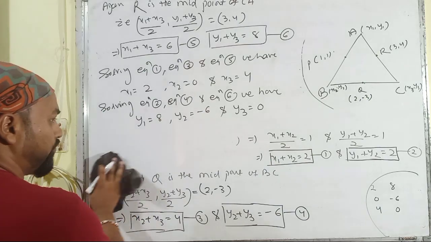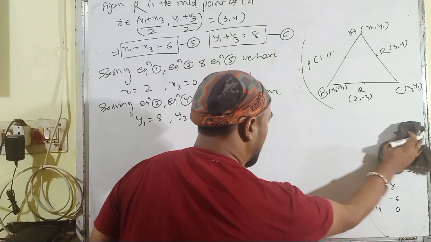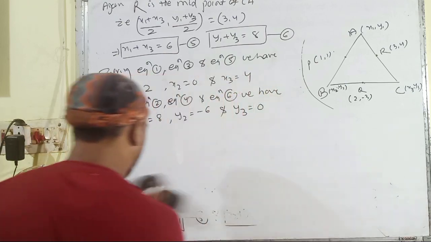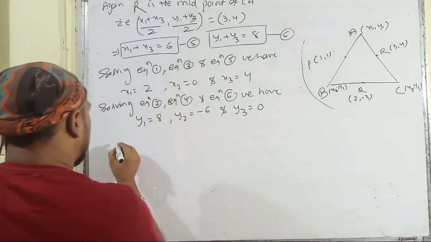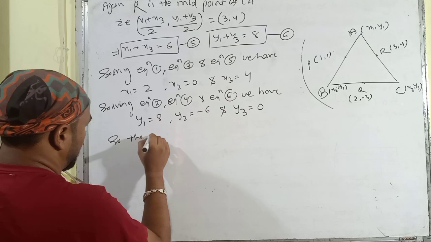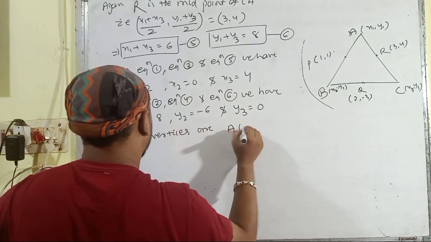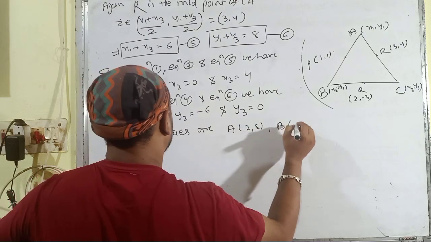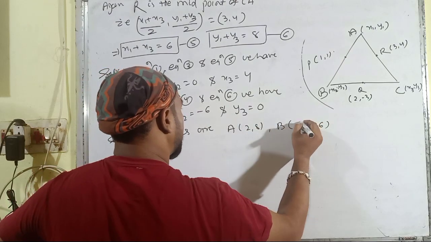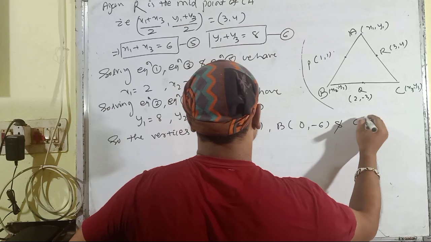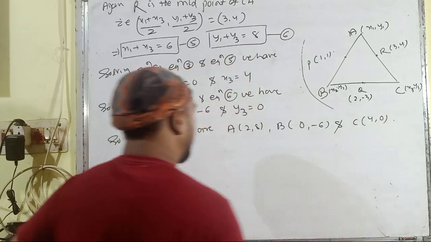So the vertices are here, we just have to find out the centroid. The vertices are A(2, 8), B(0, -6) and C(4, 0).